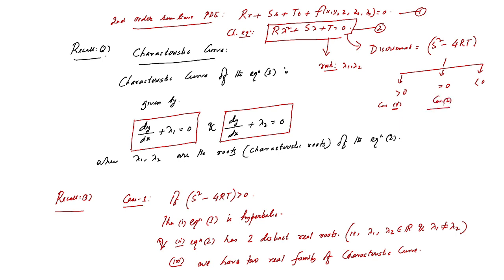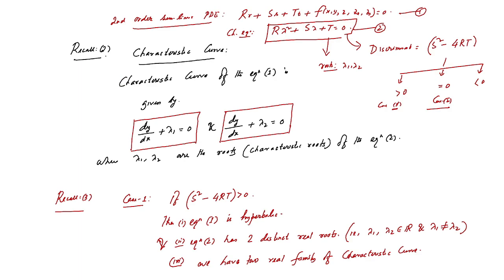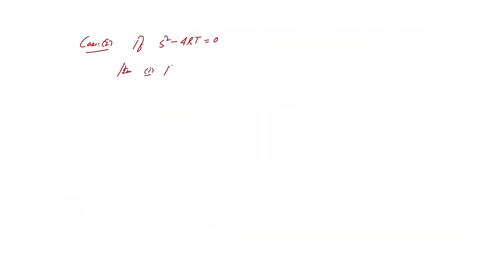Now we will come to case 2. If discriminant equals 0, so case 2: if s square minus 4rt equals 0, then what we conclude? Our conclusion: equation 1 is parabolic in nature.